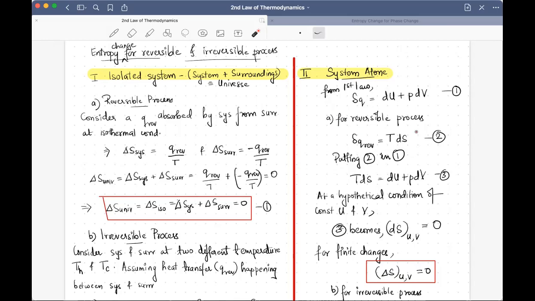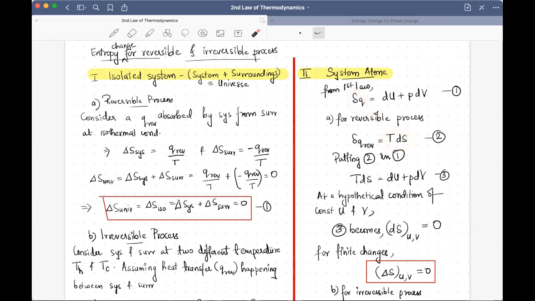Now for a reversible process, we know from the second law of thermodynamics, delta Q reversible is equal to T delta S. Now, if we put this relationship here, since we are talking about Q reversible, this expression would be delta Q reversible equals dU plus PdV. And if we put dQ reversible here, it would be simply TdS, which we will substitute here.